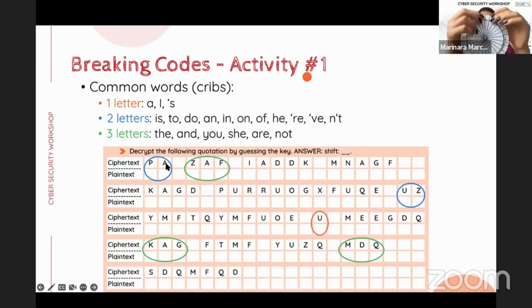So if we align U with I, and then we try to find P in the outer circle, P is down here, right? P would be D. Does that make sense? So our hypothesis is, if U equals I, then we just leave the scissor cipher as is, and we try to decode P and A. So if U equals I, P equals D, and A equals O.